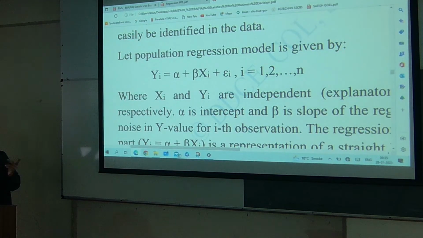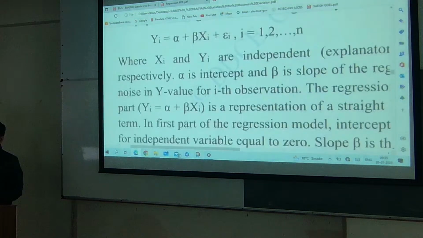If you have studied the equation of line in 11th, 12th, okay, so you must have seen, if I say y equal to a plus bx, what is a? A is the intercept and b is your slope of the line. Okay, and here if I am considering this type of equation y equal to alpha plus beta x, so here x is independent variable while y is dependent variable.